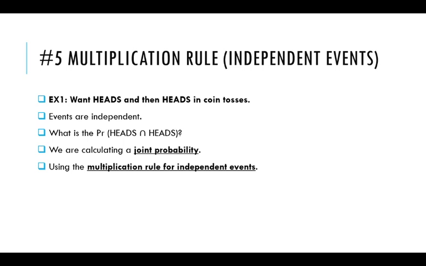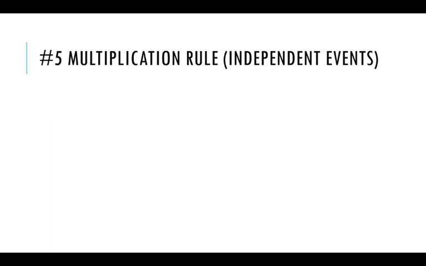I just gave it to you. So I just take the probability of heads in round 1 and multiply it by the probability of heads in round 2. Why do you think we call it the multiplication rule? Because we're just multiplying together the probabilities to get the joint probability.